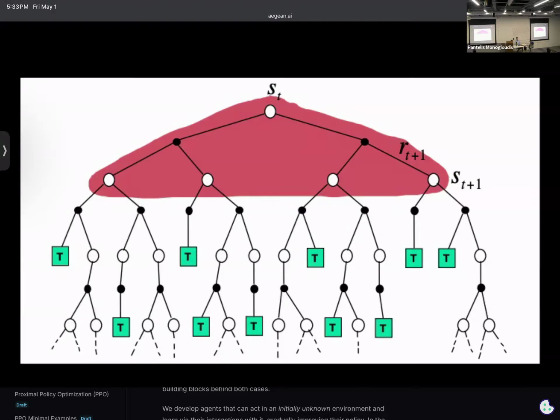Summation X, P of X, right? So if you don't know the P of X, how are you going to calculate the expectations, right? So this is what I meant earlier, that a lot of these things are possible because of our knowledge of the MDP dynamics.